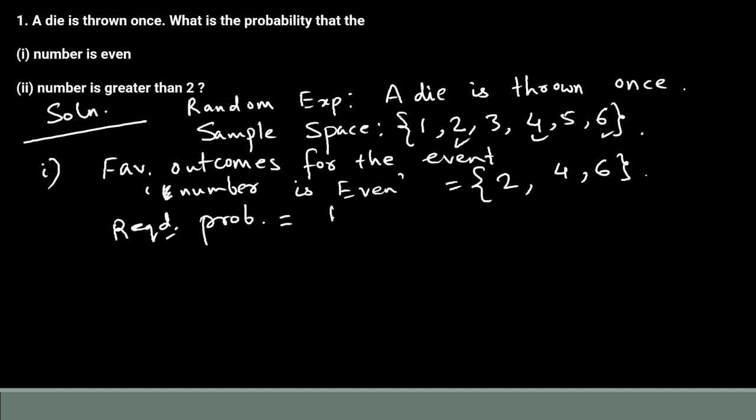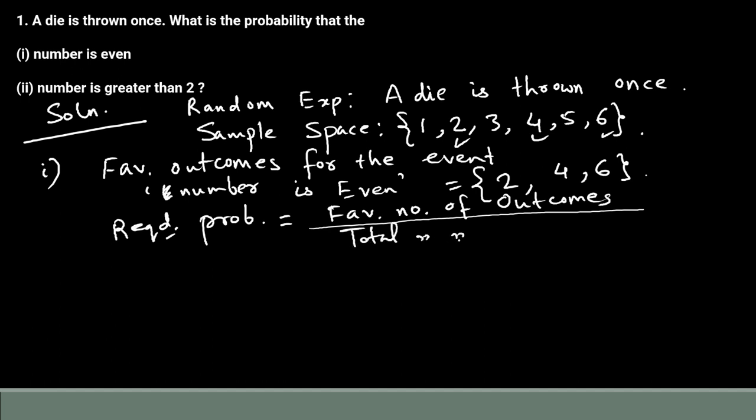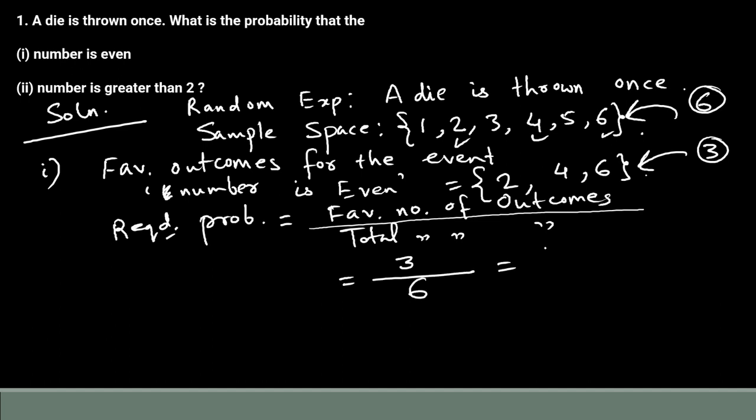From the definition of probability, favorable number of outcomes divided by total number of outcomes, right? What is the favorable number of outcomes here? 2, 4, 6. There are 3 favorable outcomes. How many numbers are there in the sample space? 1, 2, 3, 4, 5, 6, right? So 6. Favorable number of outcomes will be 3, total number of outcomes will be 6. This will be half.